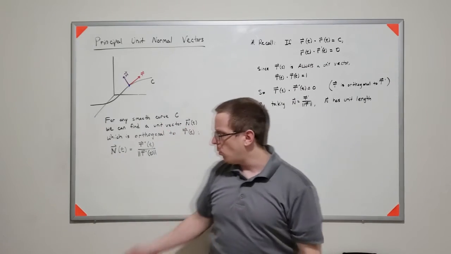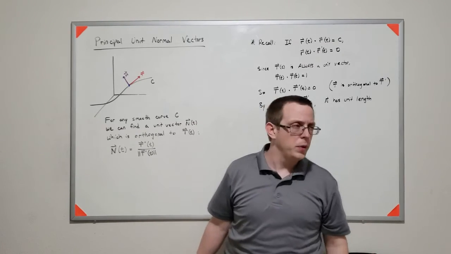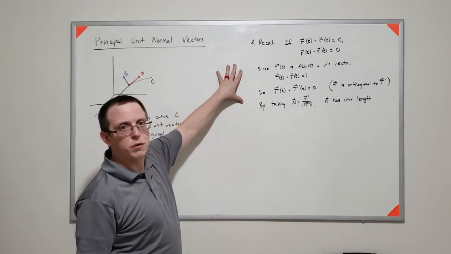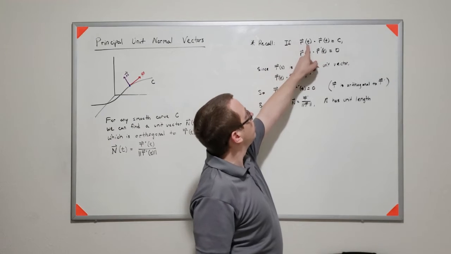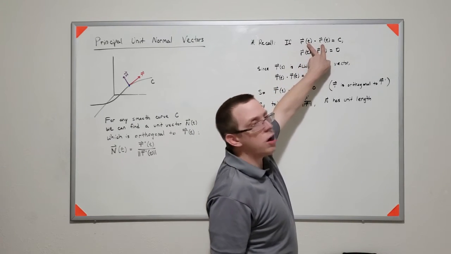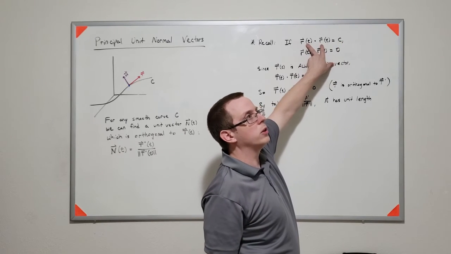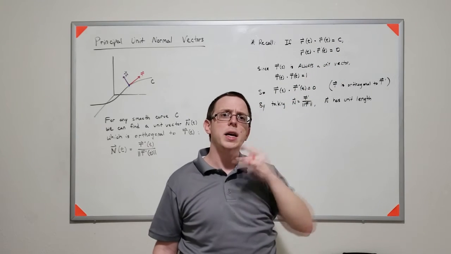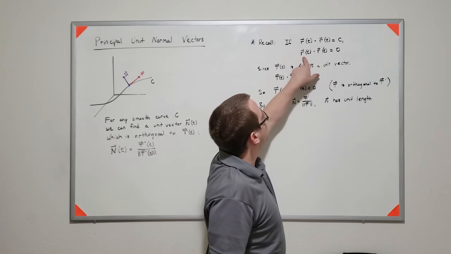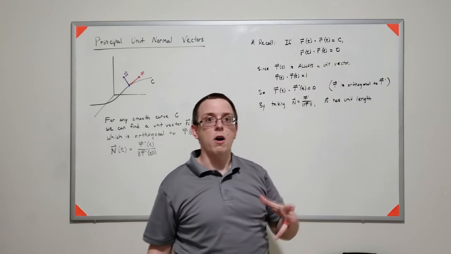But you might ask yourself, why is it just as easy as taking a derivative? Why does the derivative just happen to work? Well, the answer comes back to those properties of derivatives of vector valued functions. Remember, there was a seventh property we discussed, that said if the dot product of a vector with itself is a constant, so basically, if the vector has a constant magnitude, then the vector and its derivative are orthogonal.